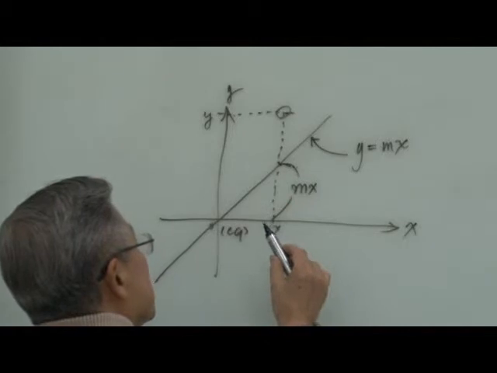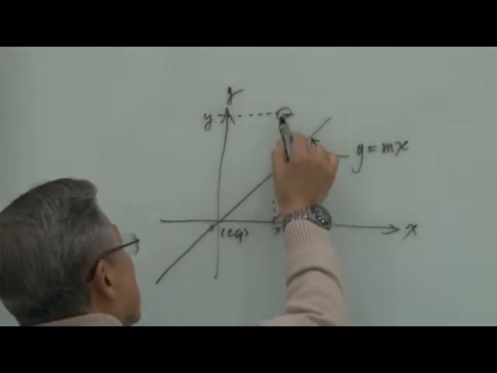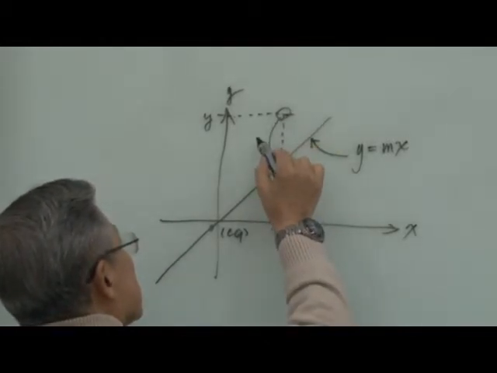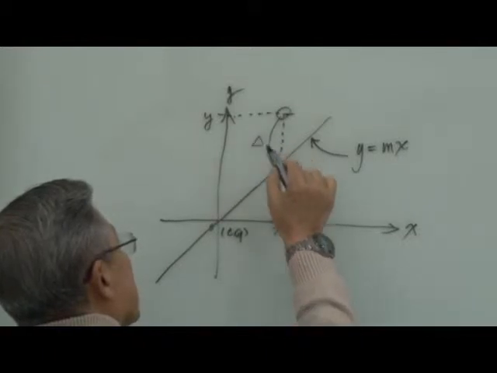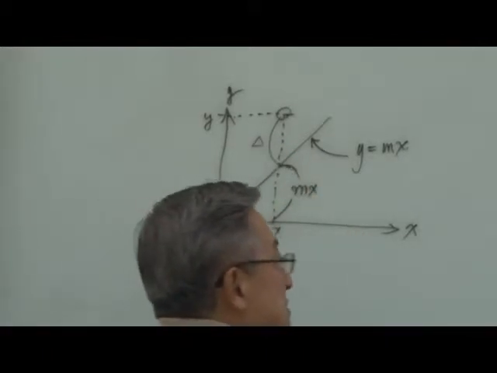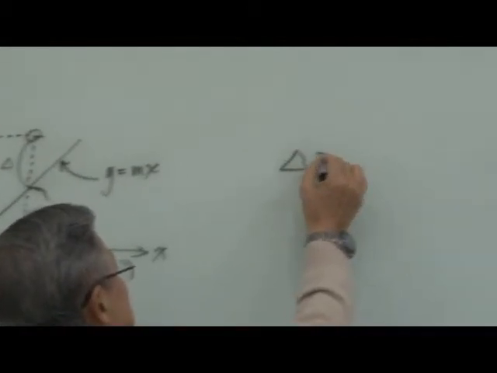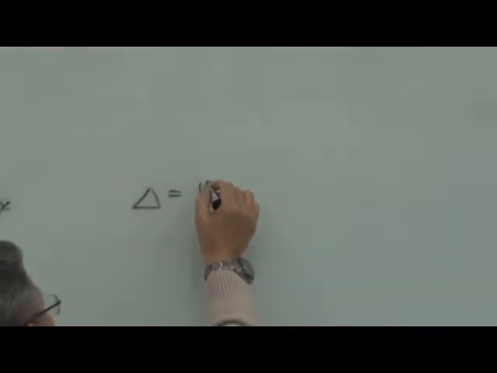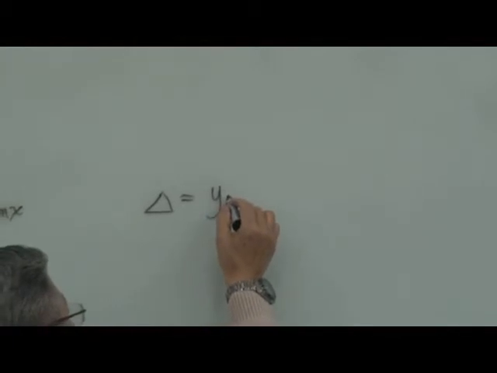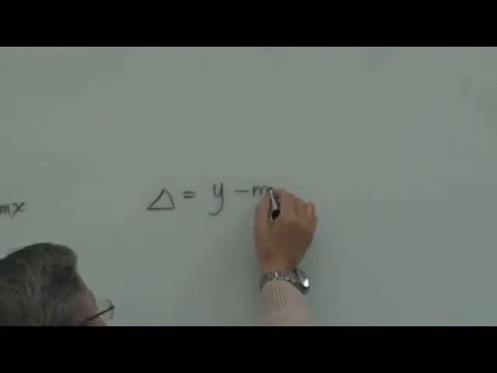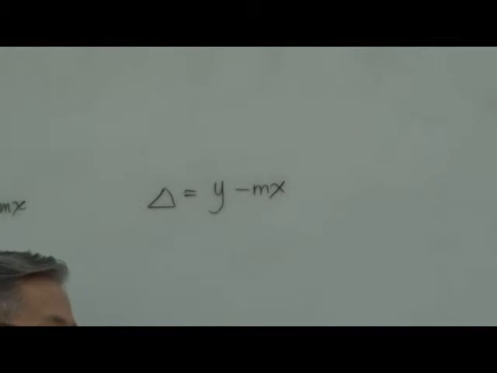So deviation is here. This is a deviation. So this deviation, delta, is simply what? y, measured point, minus mx predicted. Okay? Then the idea is to minimize the square of the deviation.